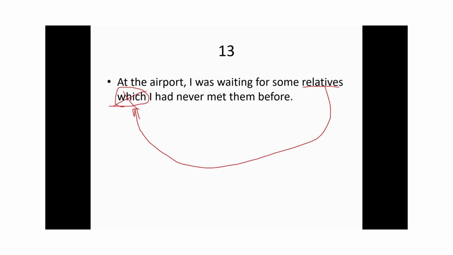And this, where you see them, is the same as relatives. And when we make an adjective clause, this pronoun, who, replaces some word, and it's going to replace this word. At the airport, I was waiting for some relatives who I had never met before. I could also use whom in this situation if I wanted to.